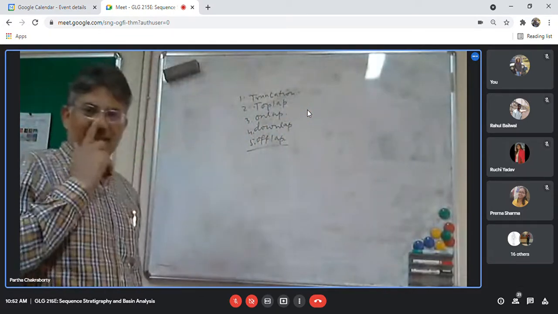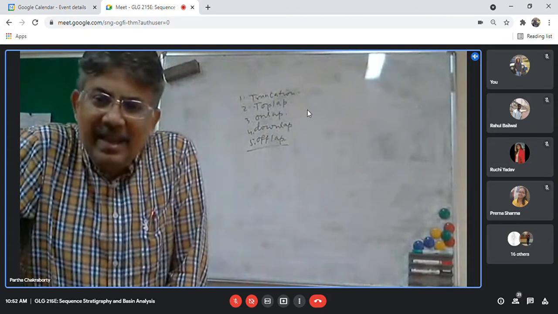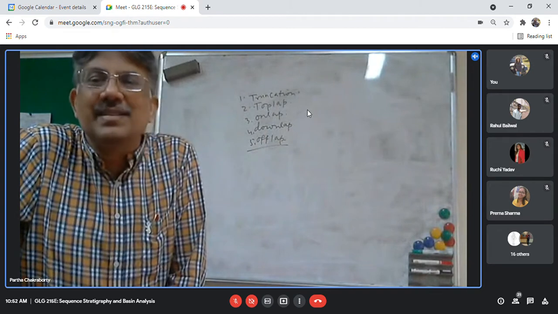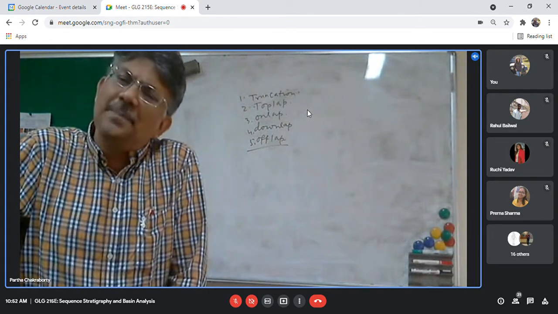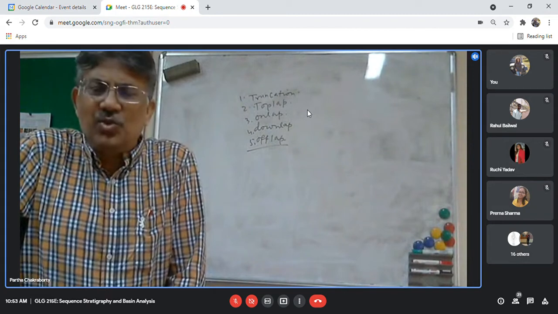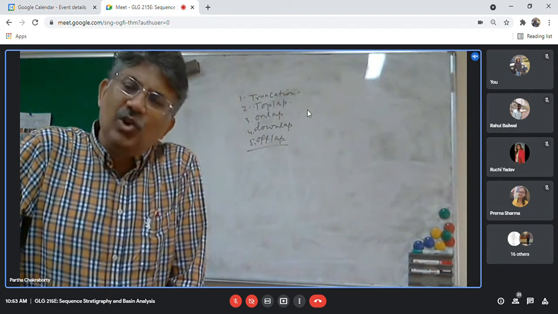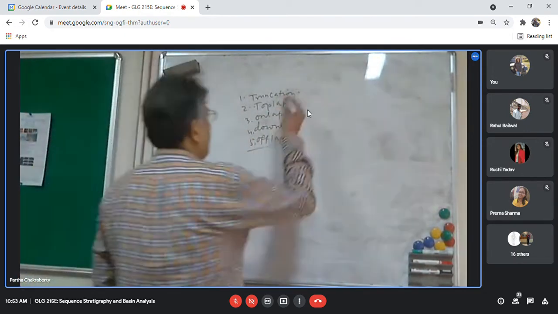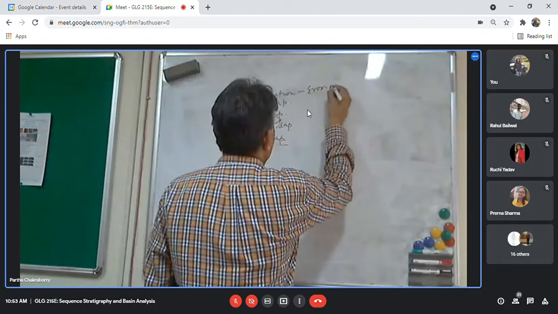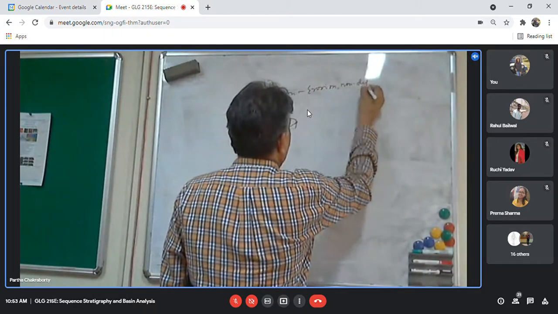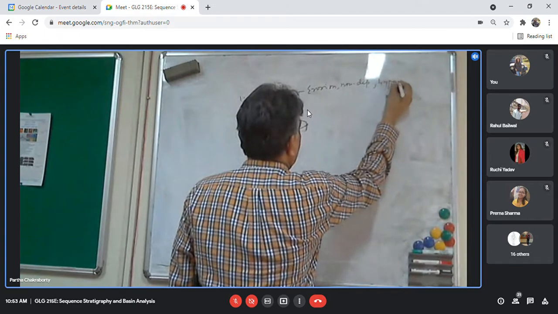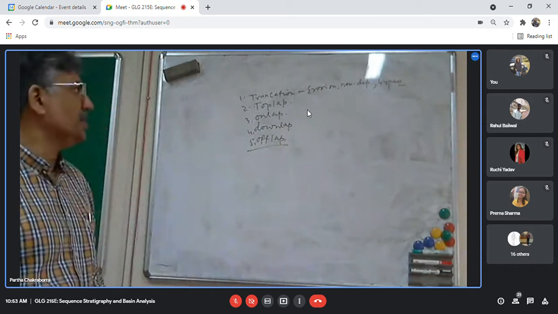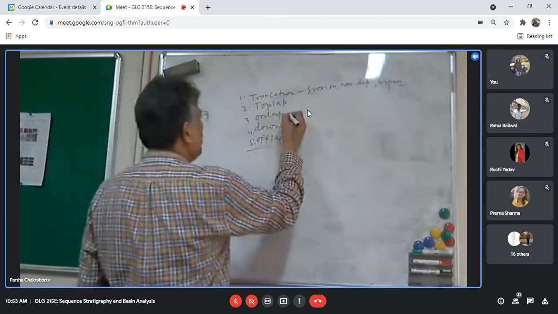Now, truncation means that any underlying strata will be truncated against this surface, which is absolutely a surface that indicates either erosion, non-deposition, or bypass. Erosion, non-deposition, bypass.